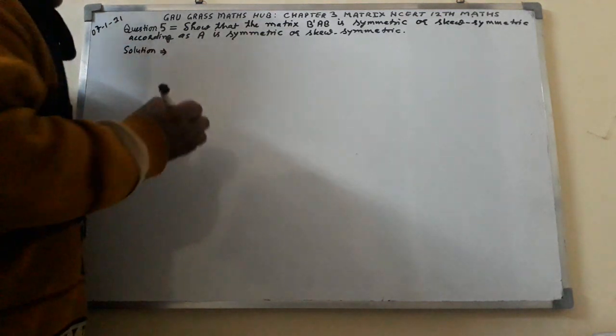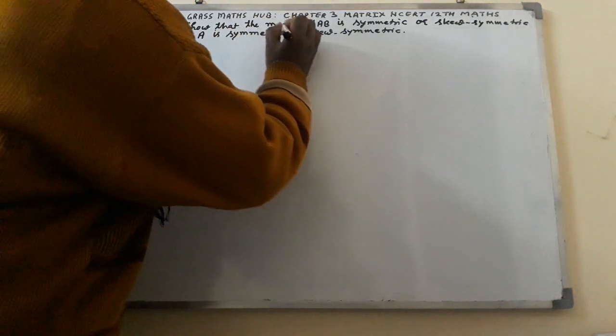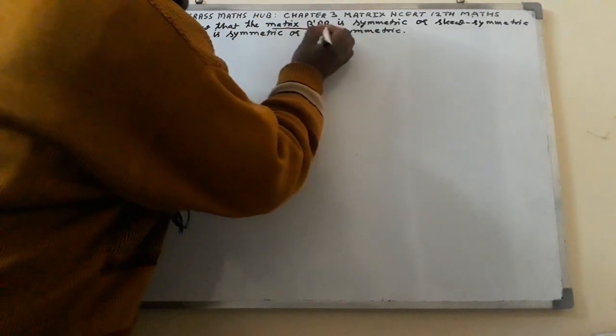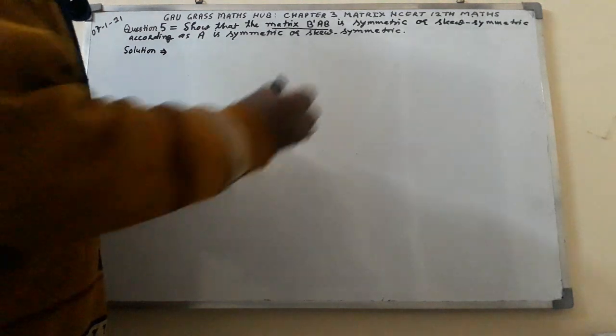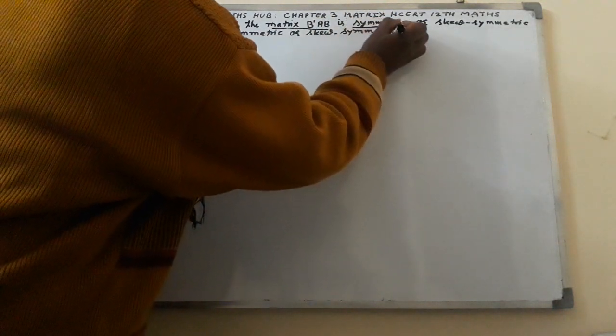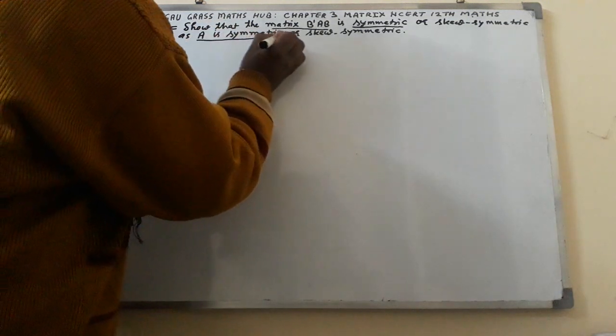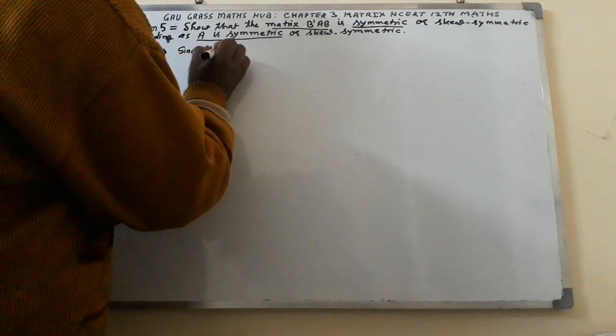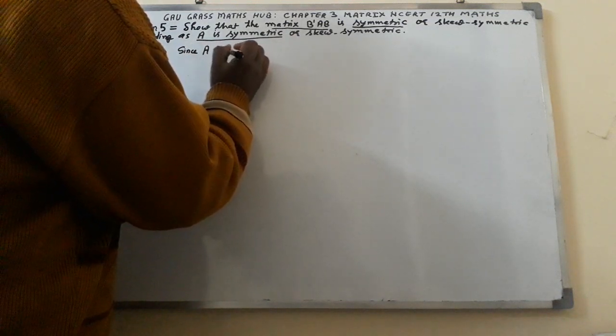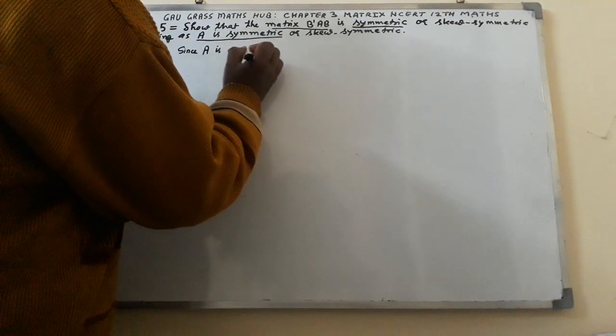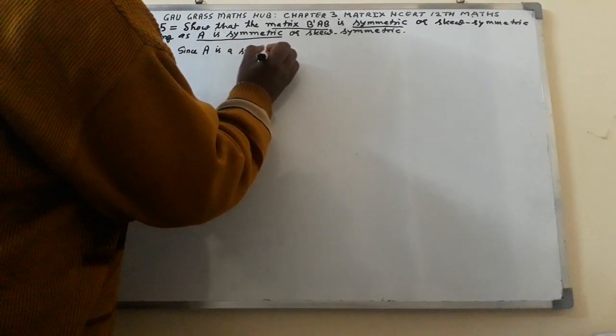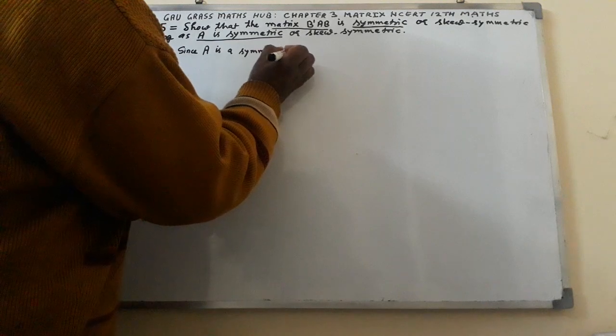Here the question says the matrix B dash AB is symmetric. Here it says A is a symmetric matrix.